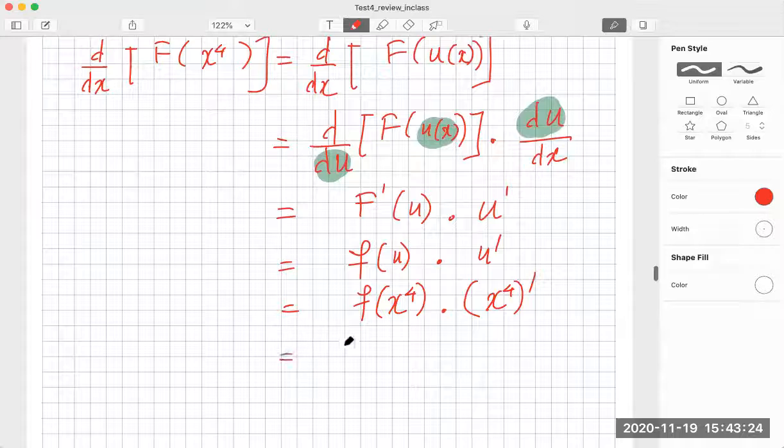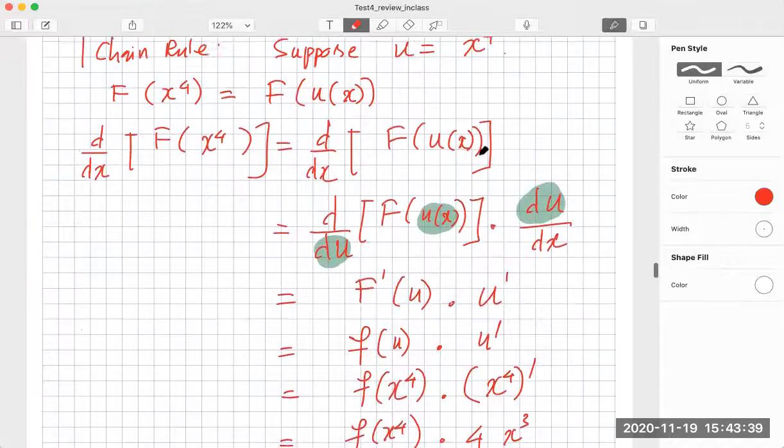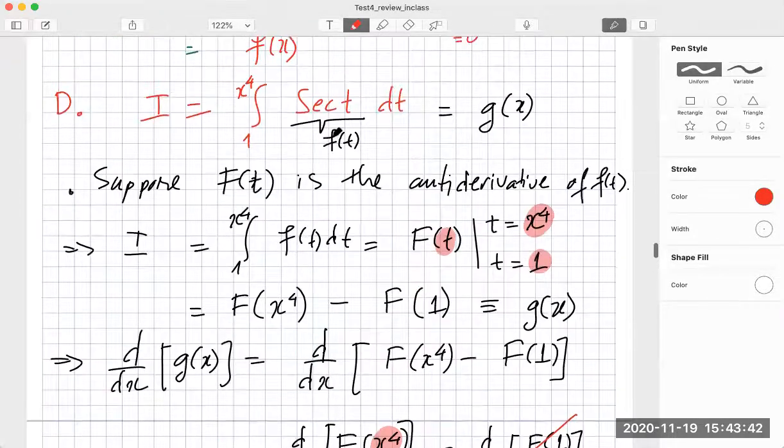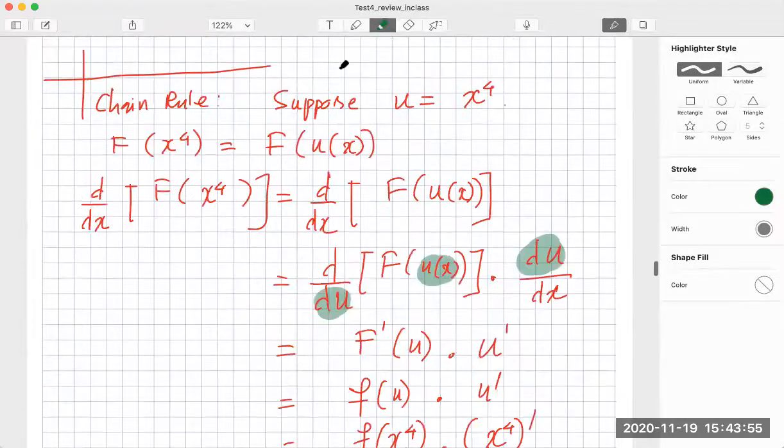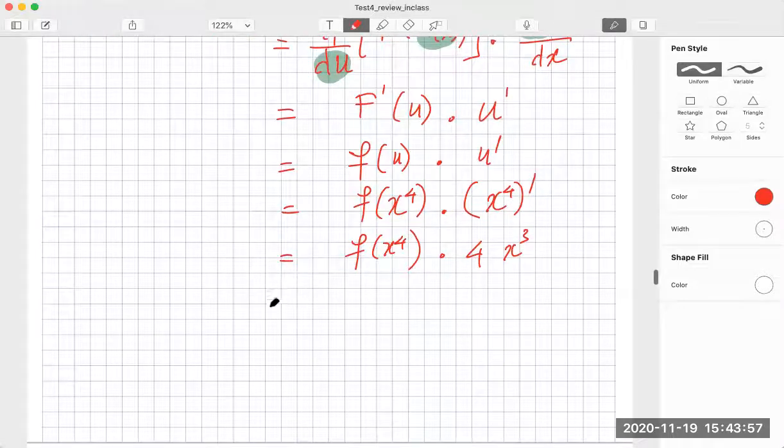So it will be f of x to the fourth, multiplied by the derivative of x to the fourth, which is 4x cubed. Perfect. And as we defined above, what is the function f of x here? It's secant t. Yes, f of t is secant t, or whatever variable.